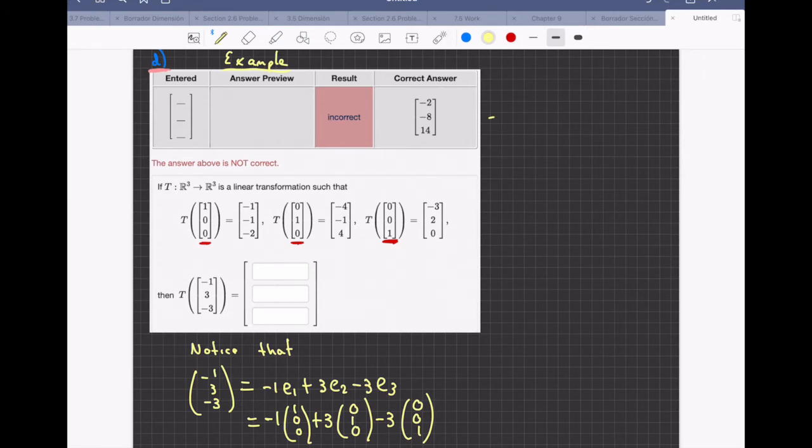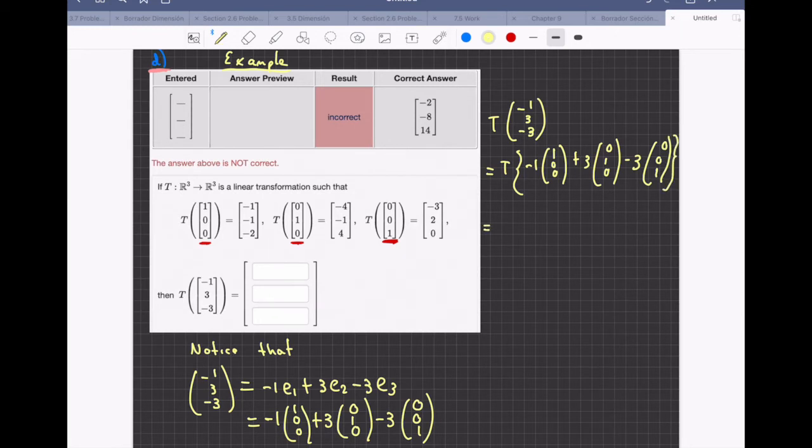This is T of -1, 3, -3, the same as T of all of this, -1 (1, 0, 0), plus 3 (0, 1, 0), minus 3 (0, 0, 1).